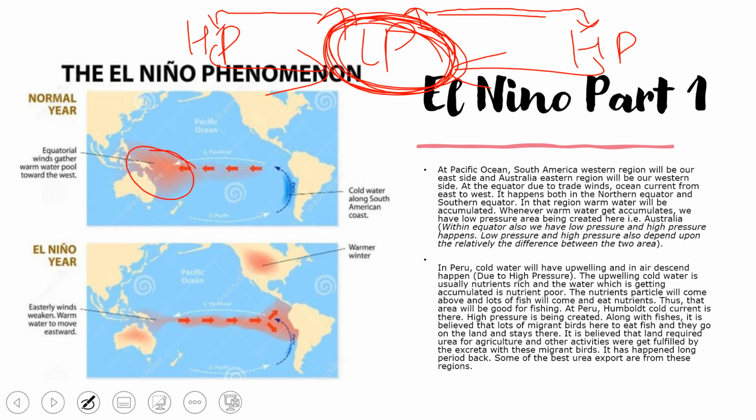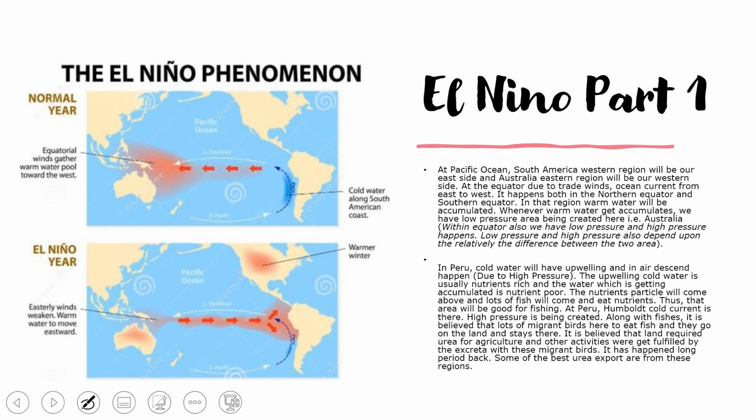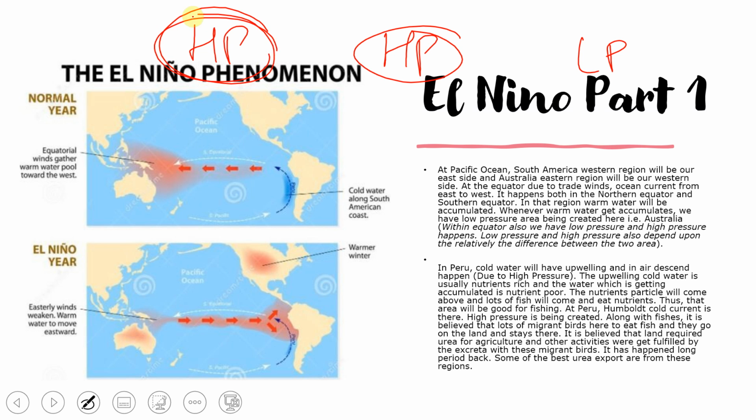But in the El Nino condition, your Australia will have high pressure. Again you will have high pressure in the Africa region and low pressure in the South America region. Now this is a problem, because this high pressure area will not get as much water droplets in that year.